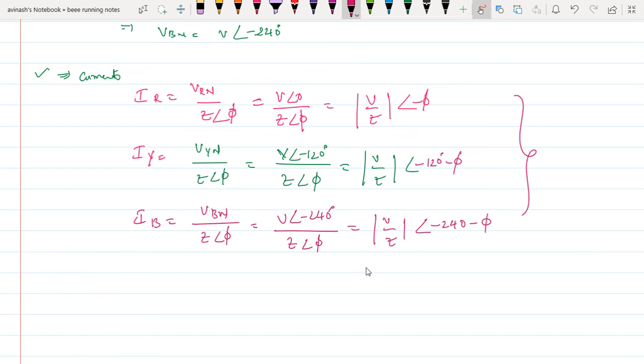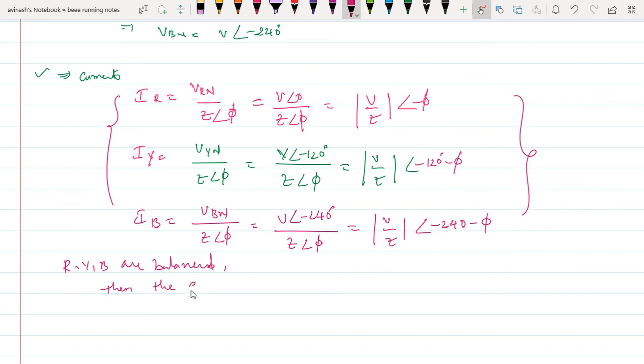Sometimes the fourth wire, called a neutral wire, is run from the neutral point if the source is also star connected. Okay, whatever we are doing now is the load side. If the three lines are balanced, that is R, Y, B, all are balanced, then the current in the fourth wire is zero.